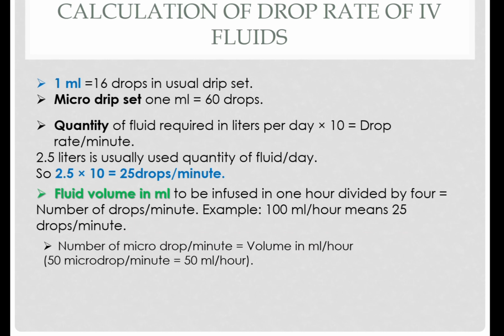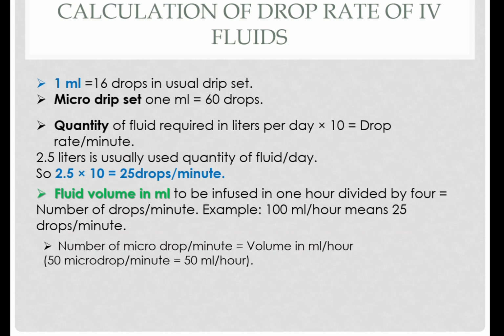It means 2.5 liters of fluid at the rate of 25 drops per minute can be used in 24 hours. The fluid volume in ml to be infused in 1 hour divided by 4 gives the number of drops per minute. For example, 100 ml per hour means 25 drops per minute.